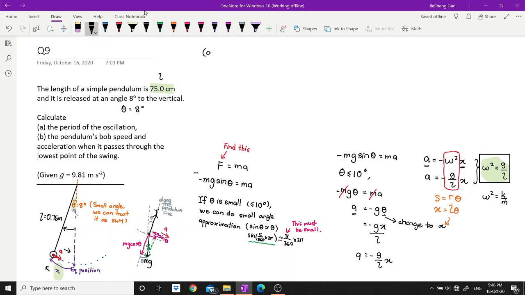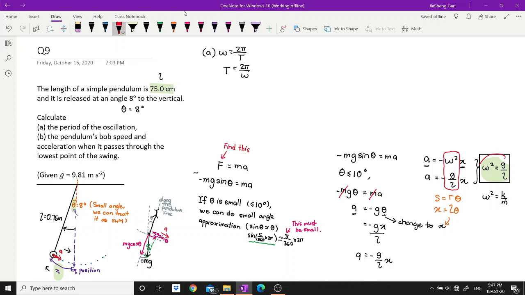So question A asks for the period of the oscillation. You know that the period of the oscillation is related to your omega. Rearrange it, T is just 2 pi over omega. So what do you know about omega?